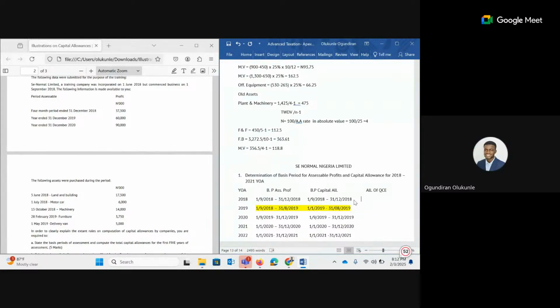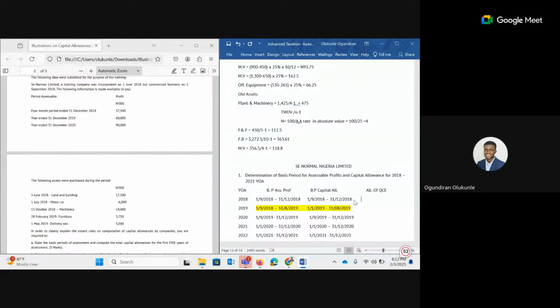But when you commence in 2020, you just need to adjust to avoid overlap. That's all. Does it make sense to you? Okay, so when we commenced the business in 2019, that is the time we will not have a basis period. In 2020, hope I'm correct, sir. In 2020, yes, that's correct. All right, sir. Thank you, sir.